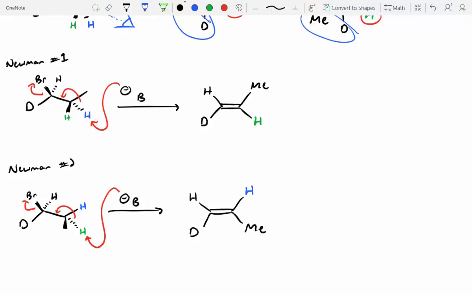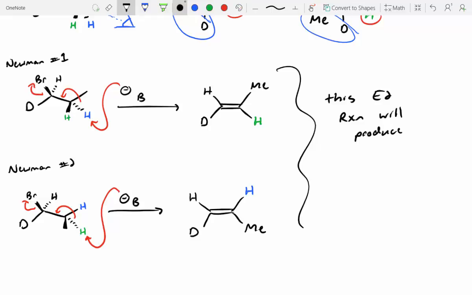So in this case, this E2 reaction will produce a mixture of stereoisomers.